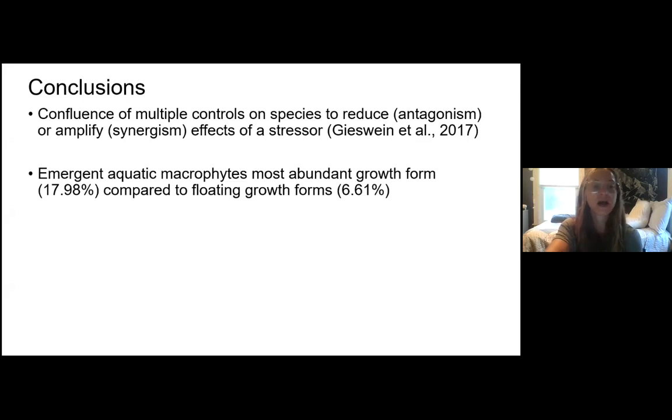The other conclusion that I drew was that emergent aquatic macrophytes were the most abundant growth form in terms of percentage compared to floating. And like I said, this doesn't corroborate with other scientific findings in other eutrophied bodies of water.